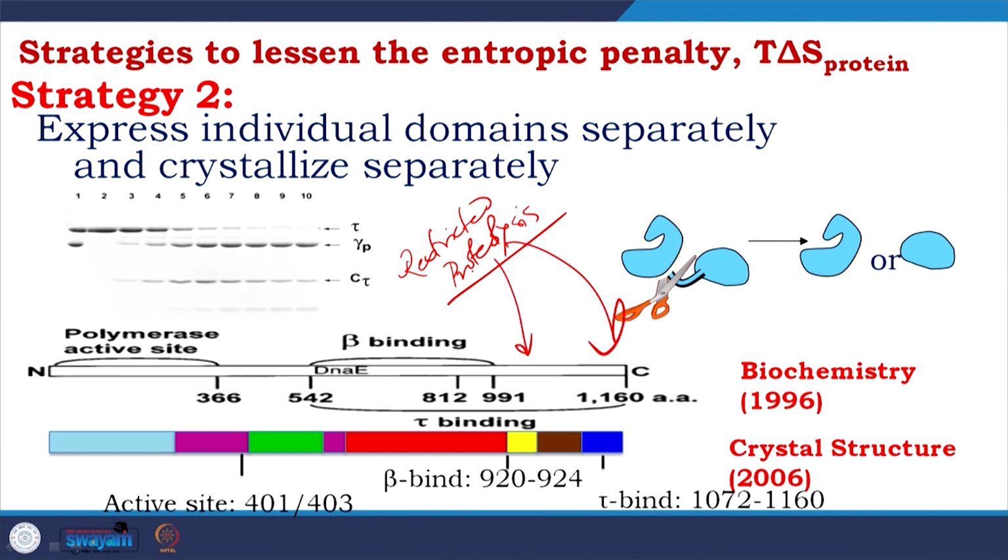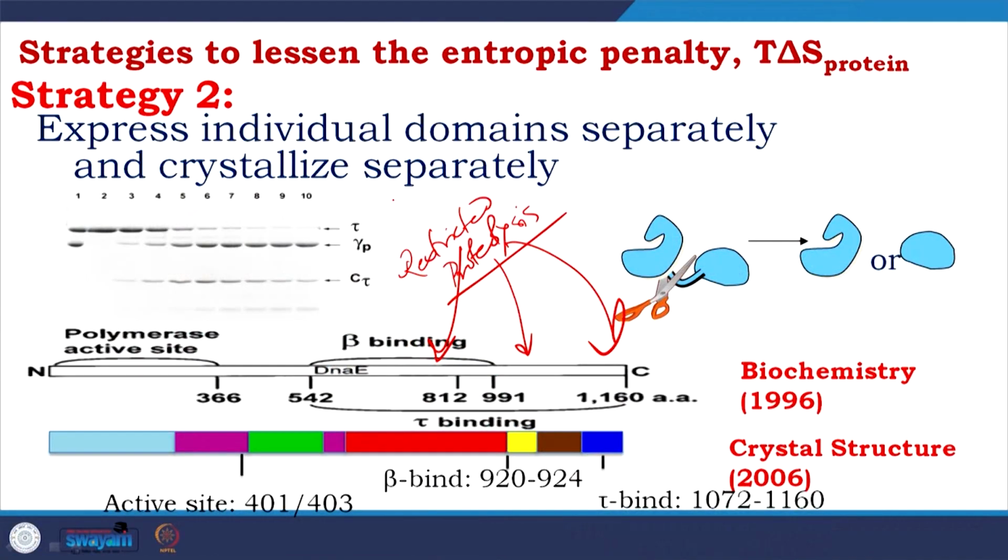The protease will cut your protein, and with increasing concentration it will chop the protein more and more. At different concentrations you run the gel and find at which protease concentration which domain you get. Then you go through purification techniques like size exclusion chromatography, separate the domains and crystallize them.